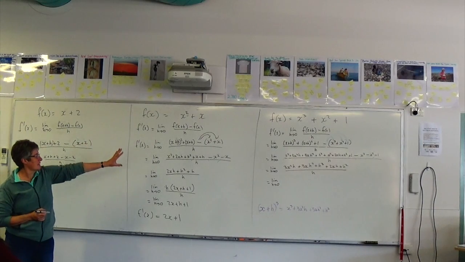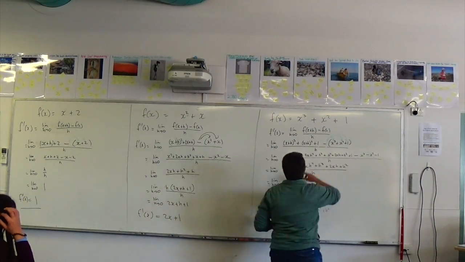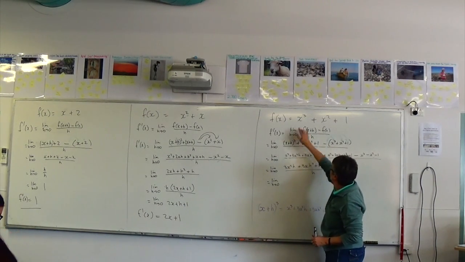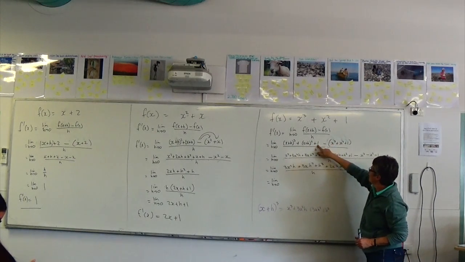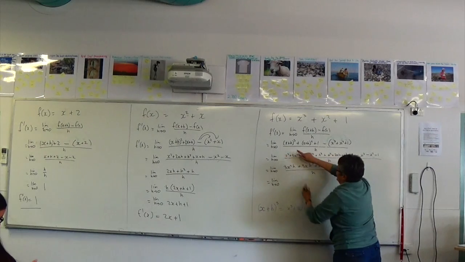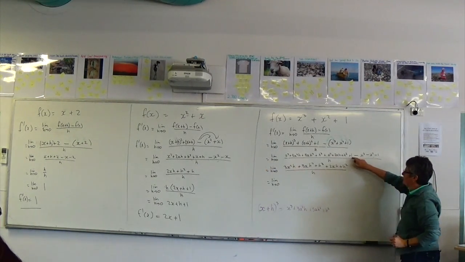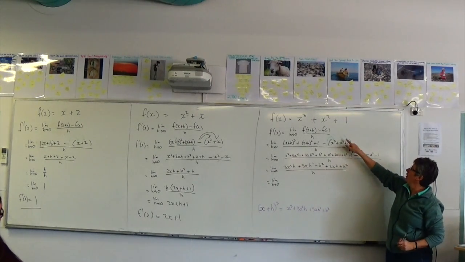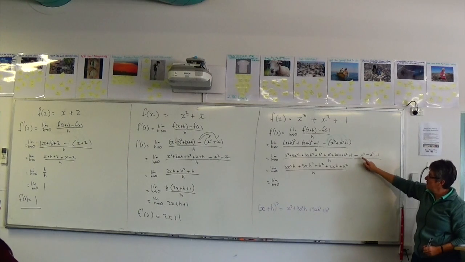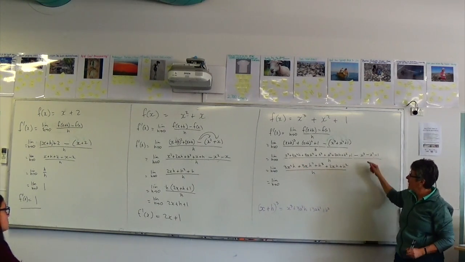So all of this craziness comes down to something very simple. Now if I do this once again, that's my f of x, there's my x cubed, x squared, plus my 1, take away f of x. This part here is my expansion of that, this part here is my expansion of that, plus my 1. Then I've got to take away all of this, my f of x. x cubed take away x cubed, x squared take away x squared, so they all cancel out.